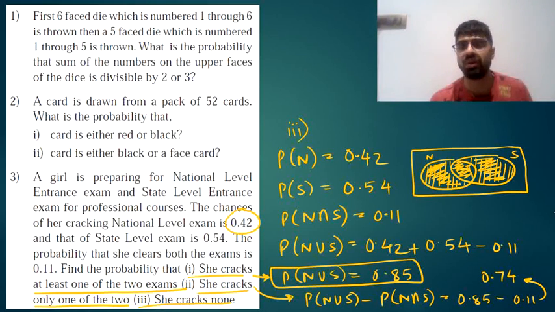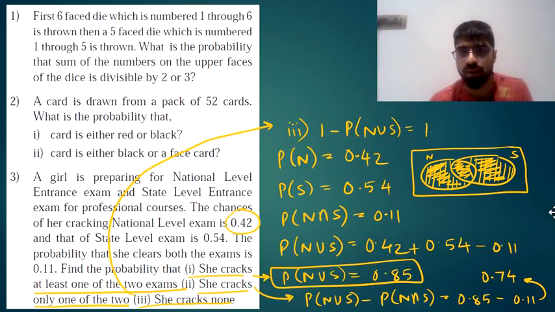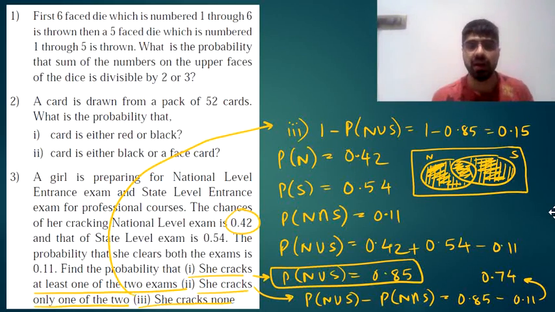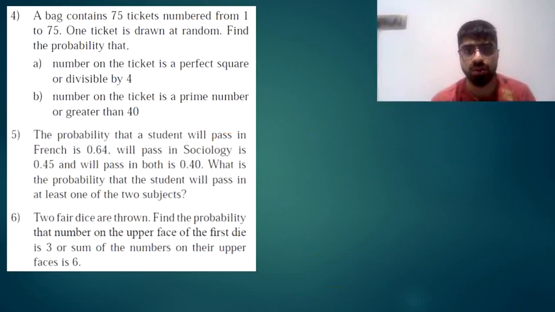You want her to clear none of the two, so you want the part which lies outside N and S. The total probability being 1, let's eliminate that N union S from 1, and that will give us the probability for the girl to crack none of the two examinations. This will be 1 minus 0.85, which is equal to 0.15. That's how we are answering our third question, and with that we go ahead with the next question.